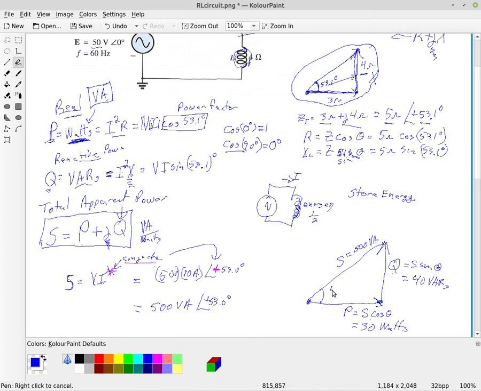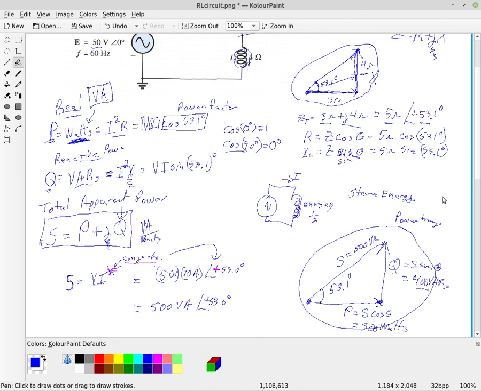And this is that 53.1 degrees. This is what they refer to as the power triangle. Okay, I'm sorry, this should have been 300 watts and 400 VARs.